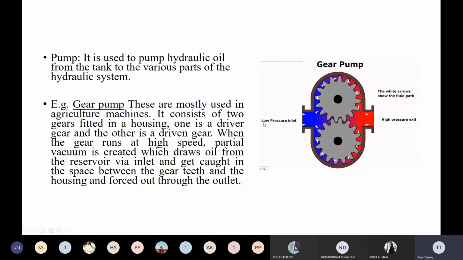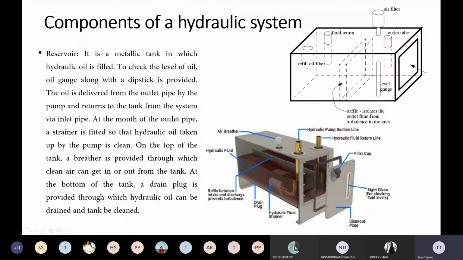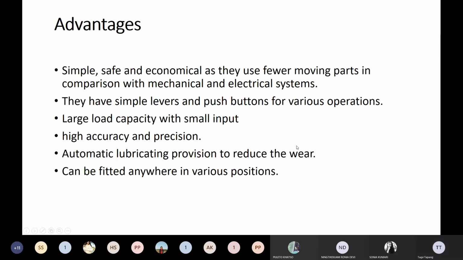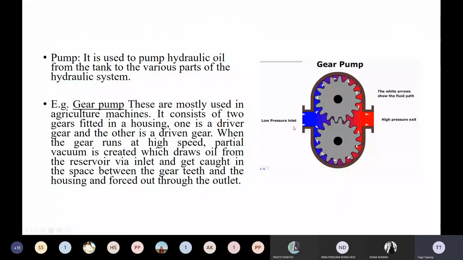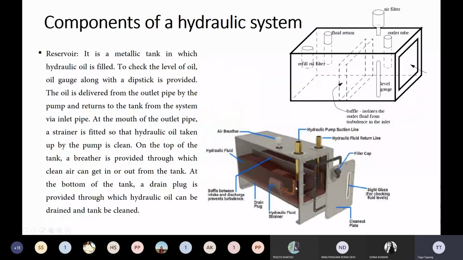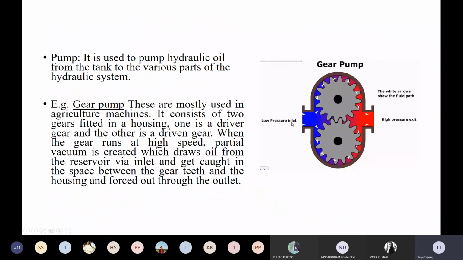Fluid will come from this side, the hydraulic pump suction line. It means fluid is being sucked from this pipe and it will enter here, the low pressure inlet. Clear? Fluid is being collected from the tank through this pipe outlet, and from this outlet it will go to the pump on this side, the blue side, low pressure inlet.